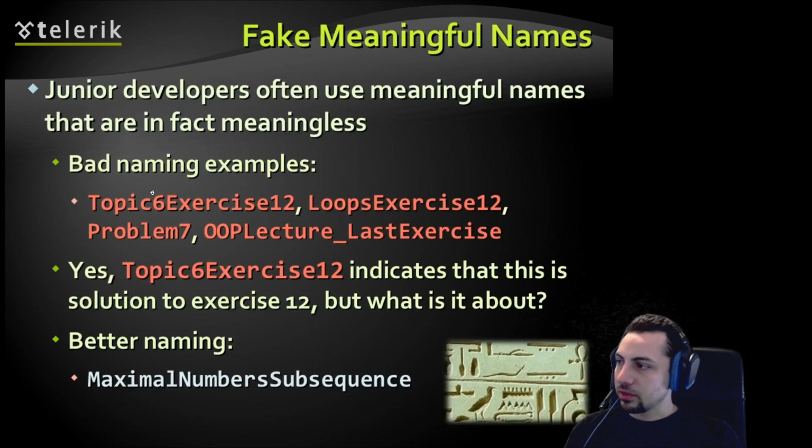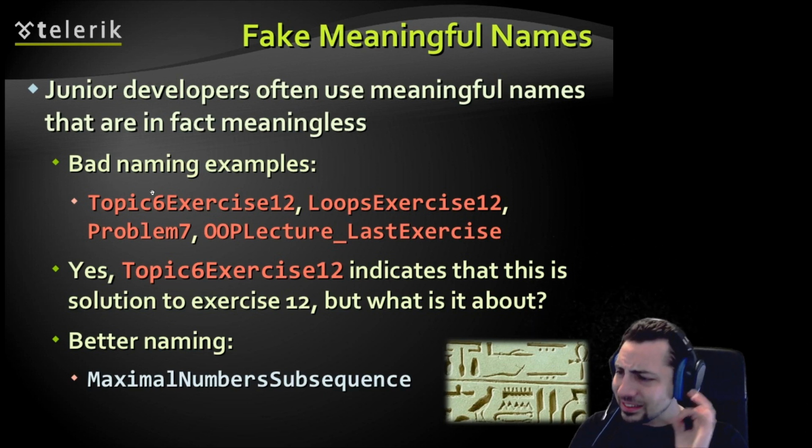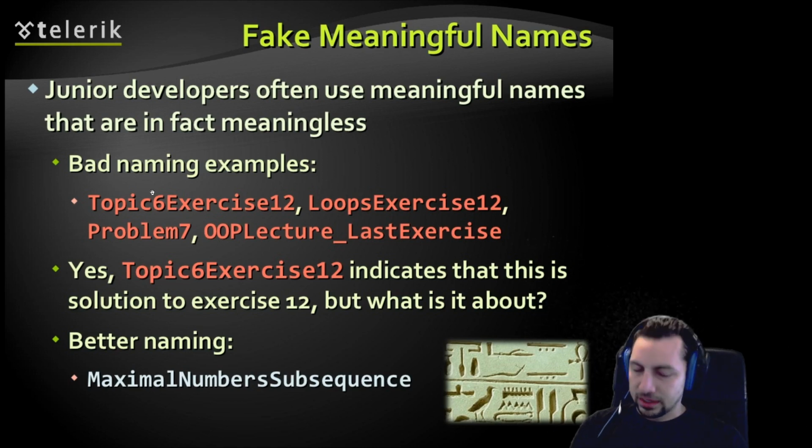And this is a trap that you can fall into, because you can be extremely explicit about what something does and still be wrong. Here's a method called topic 6 exercise 12. It tells you exactly what this does. It answers exercise 12, topic 6, or chapter 6.